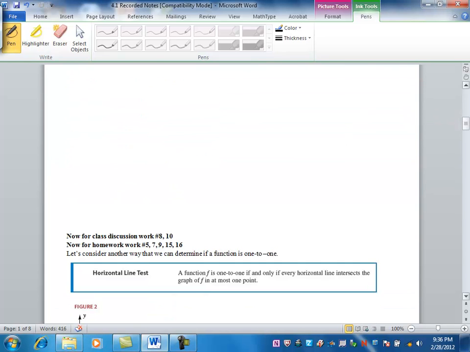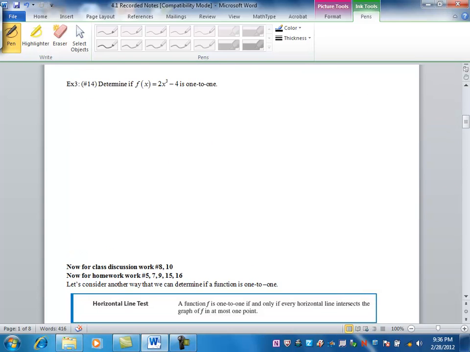Let's consider the function f of x equals 2x cubed minus 4 and see if it's one-to-one or not. F of a equals 2a cubed minus 4. F of b equals 2b cubed minus 4.